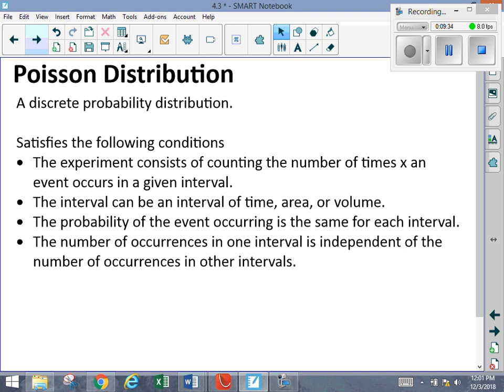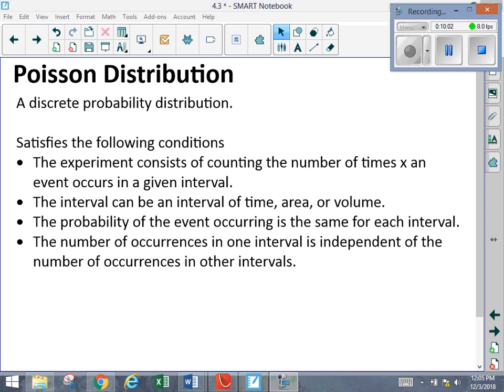They'll say something like, on average, there will be 30 that stop at this stoplight an hour. And then you'll find the probability that there are 20 that stop, something like that. That will be an example of this problem. And these are the rules, right? You got to have the same probability for each interval, and they have to be independent.